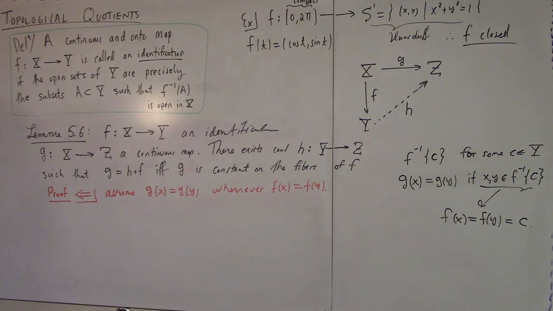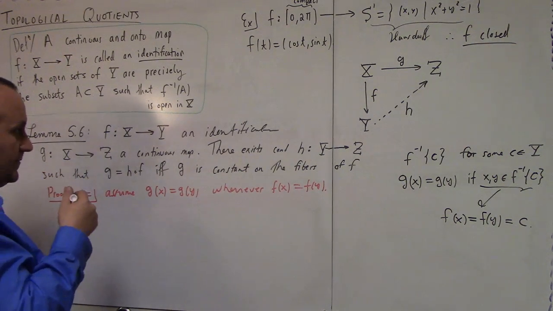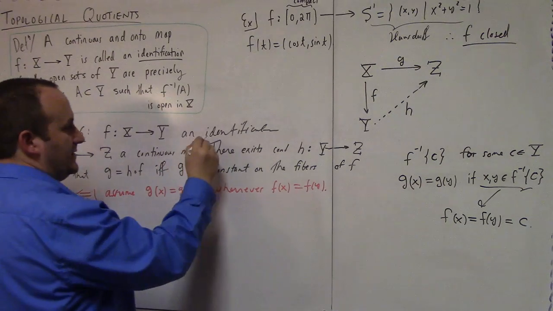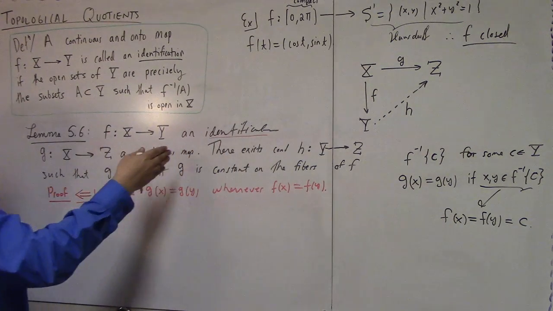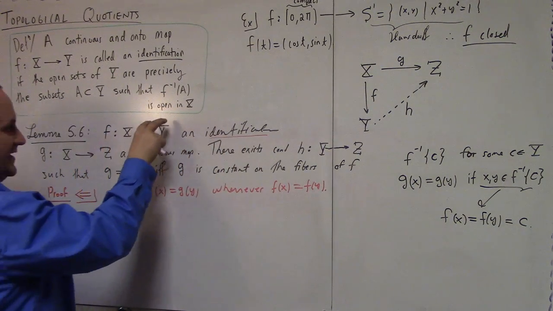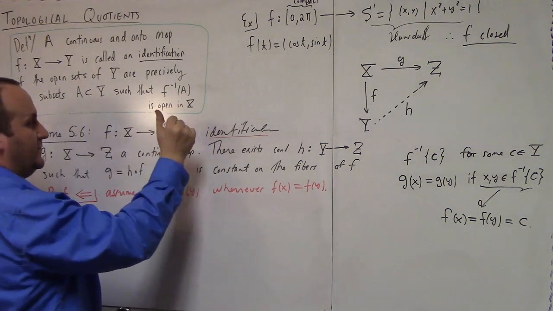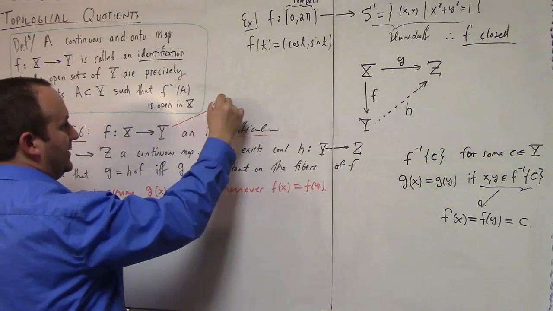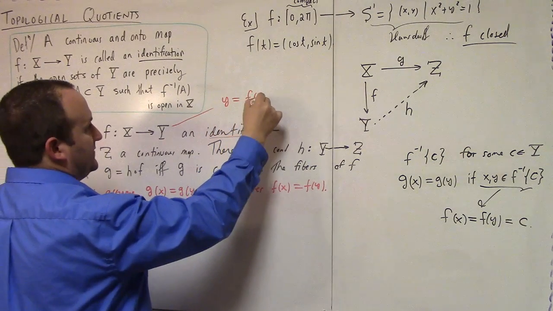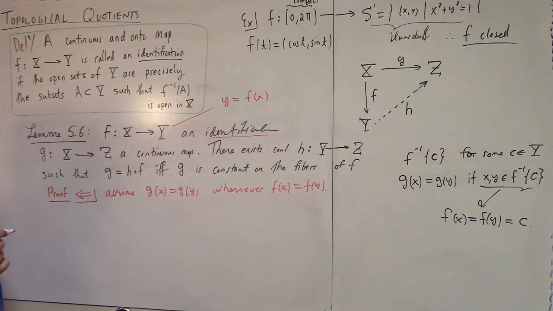How to construct h? f is an identification. That means that everything in Y has the form, if you pick me a point y here, it's equal to f of x for some x.